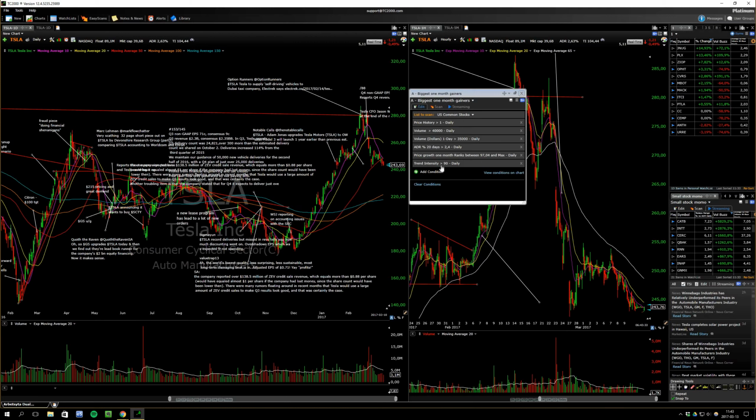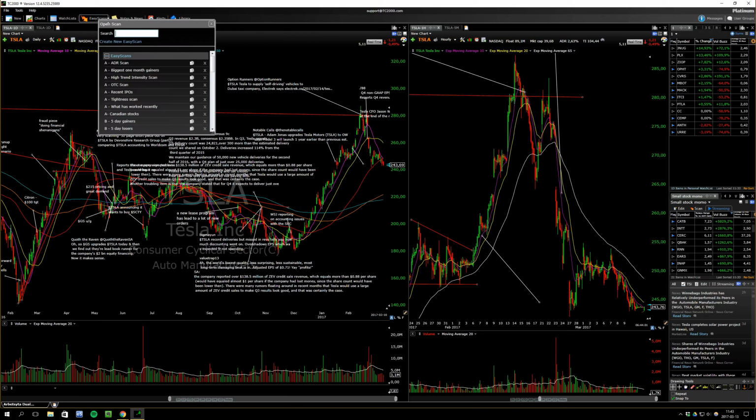So trend intensity 90 means the shorter moving average is no more than 10% below the slower moving average, while a number like 110 would mean that the faster moving average is at least 10% above the slower one.